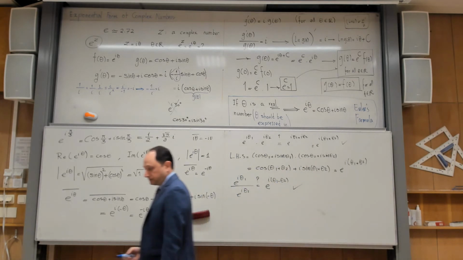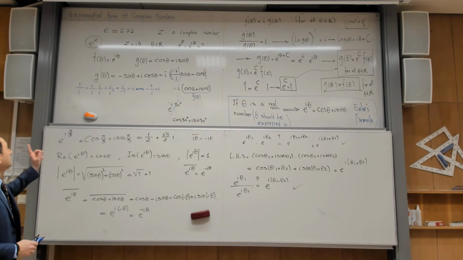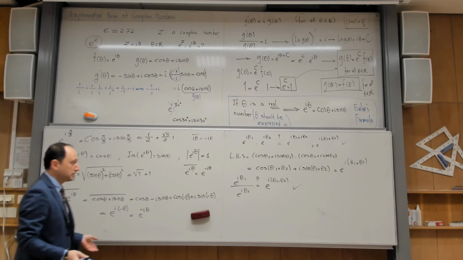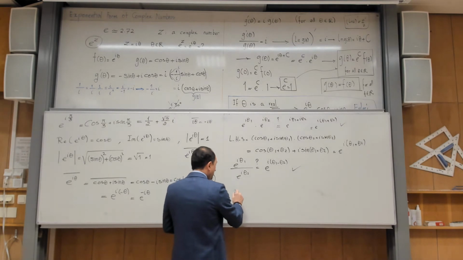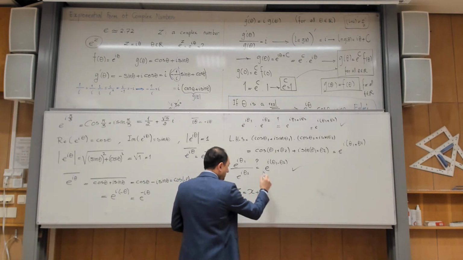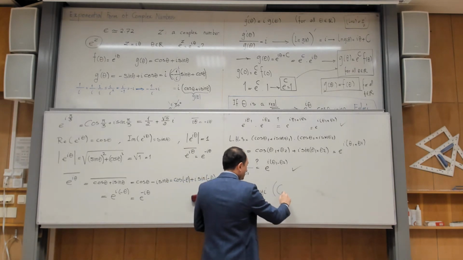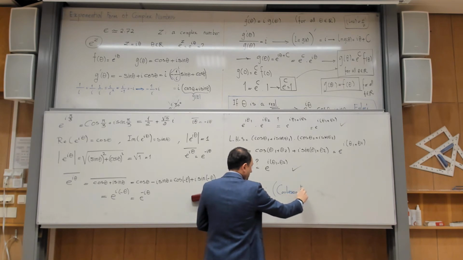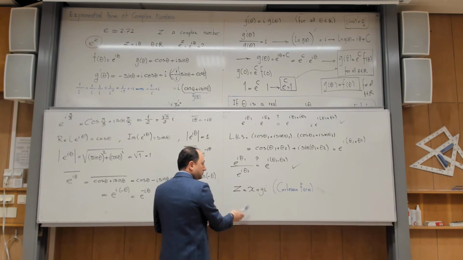Okay. So now, what do I mean? I started with the title exponential form of complex numbers, but I think now you understand what's going on. So if I give you a complex number x plus yi, yes, in Cartesian form, what you can do is write it in the polar form.